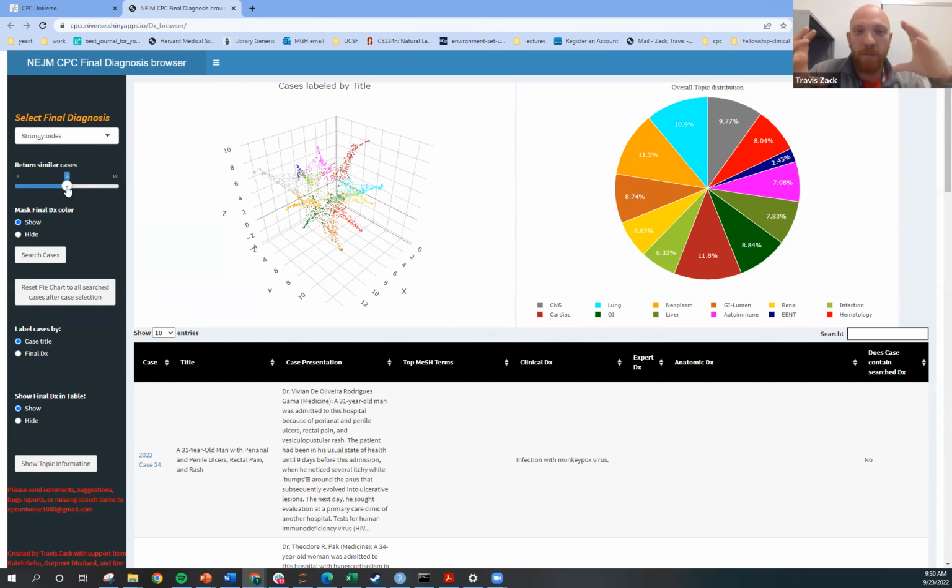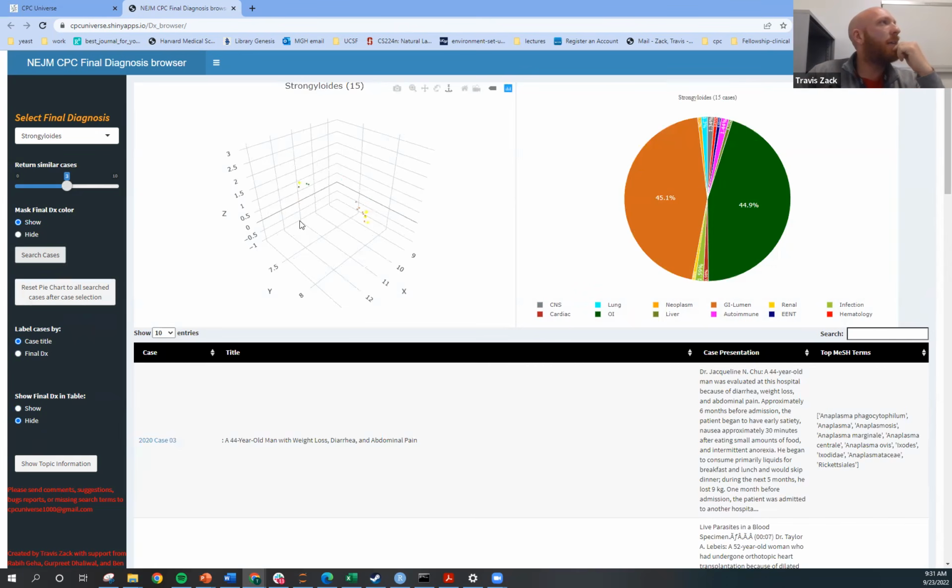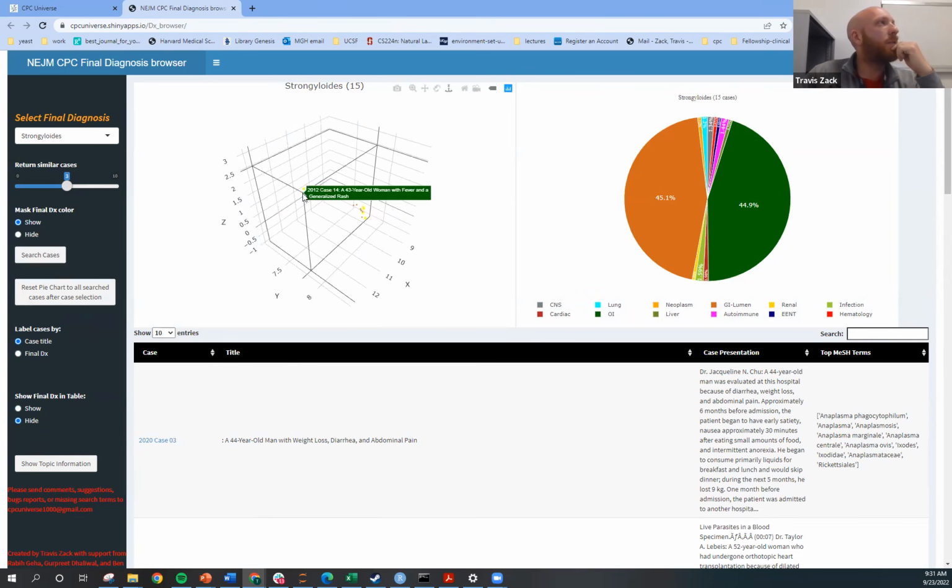If those 2 parts of text are similar, then it will return that case. Again, you want to hide the final diagnosis so you don't blow it. And you can search for these cases, and the yellow dots in this case are ones where the diagnosis is strongyloides. And the ones around it, that's kind of where I got the idea of the universe.